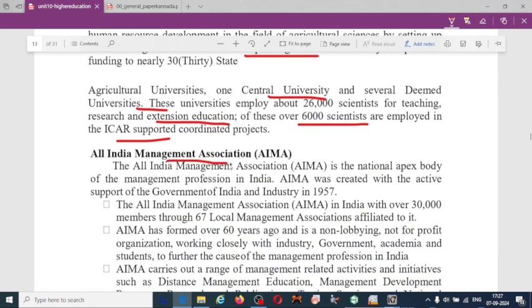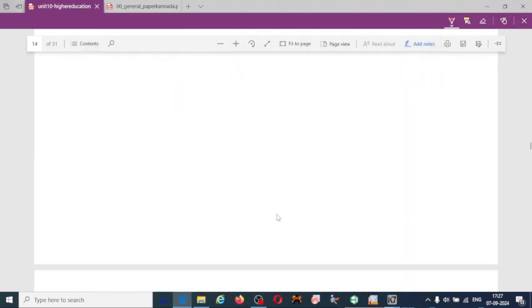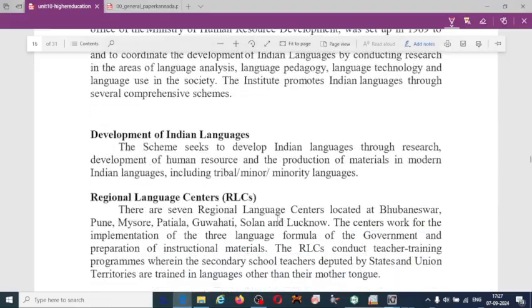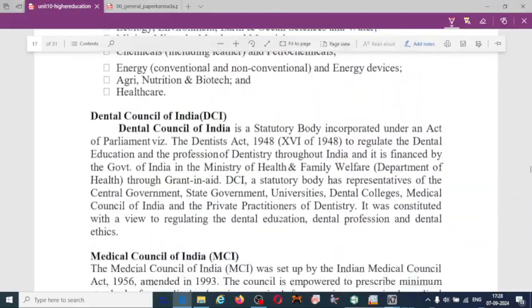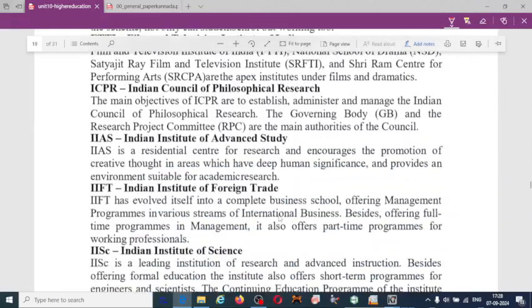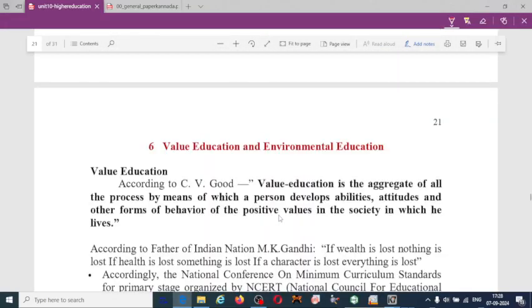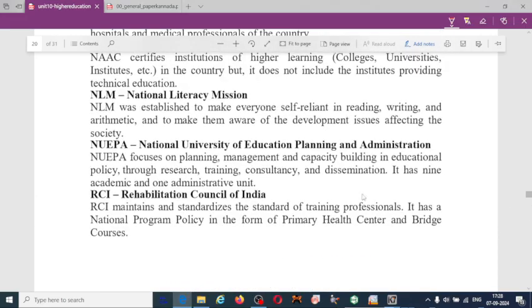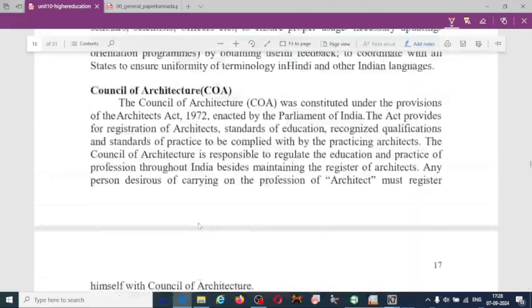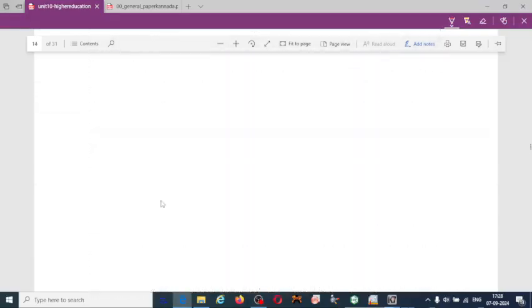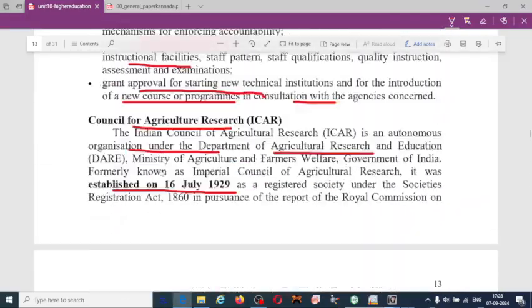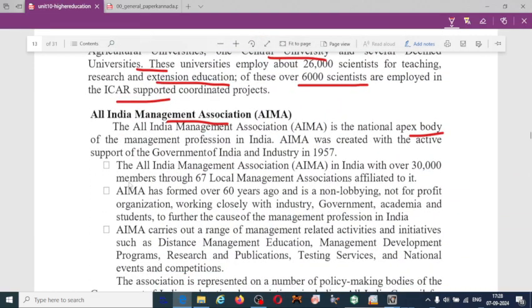All India Management Association. The All India Management Association is the national apex body of the management profession in India.